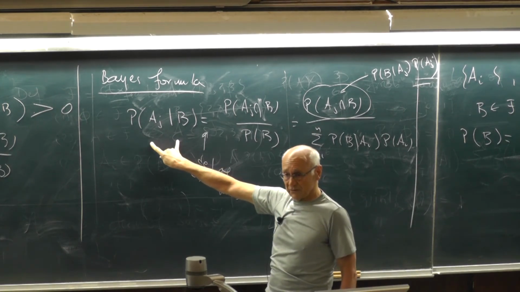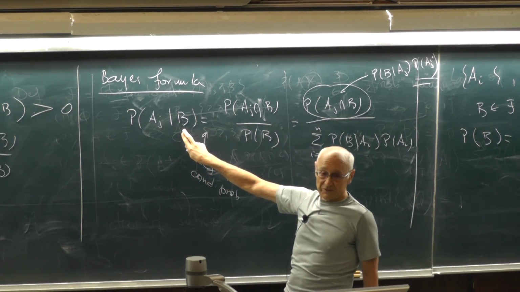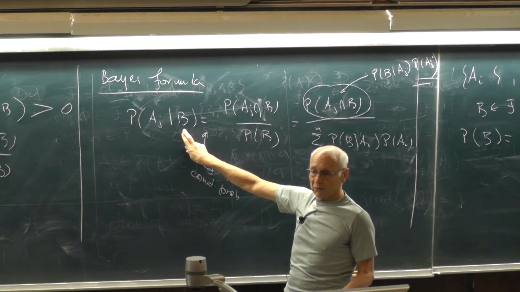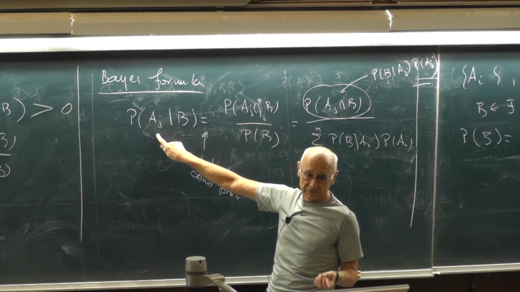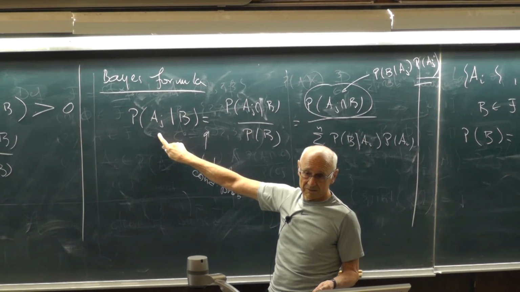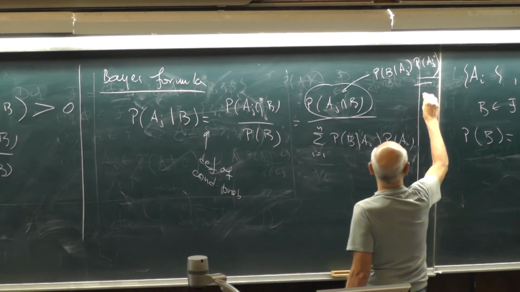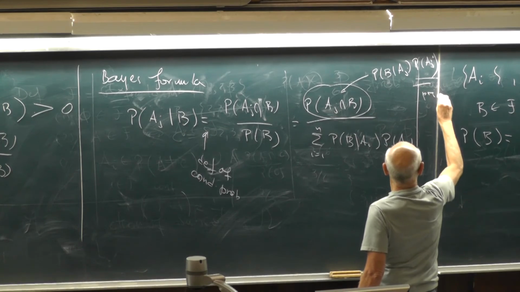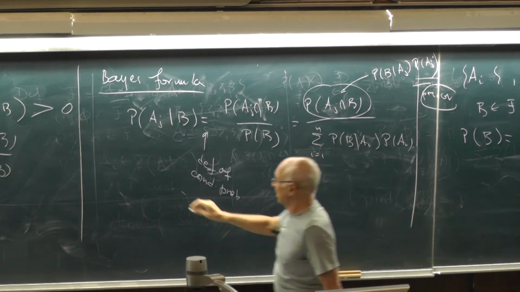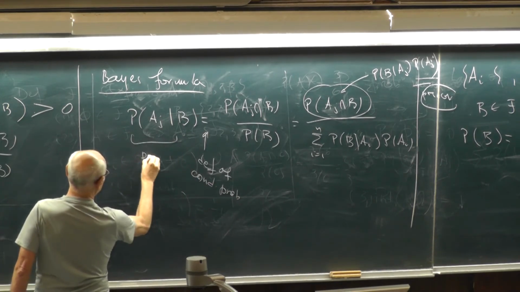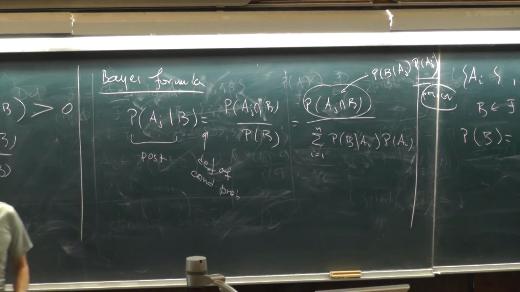And what's the output of the formula? Given some observation B, we want to update our knowledge on the probability of these outcomes A_j. So we start from some prior, we perform some experiments B, and we end up with a posterior probability of the events of interest.